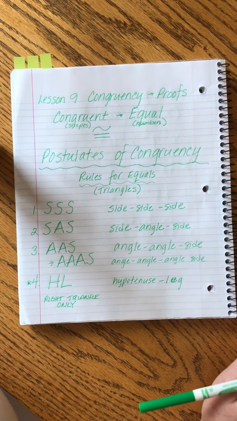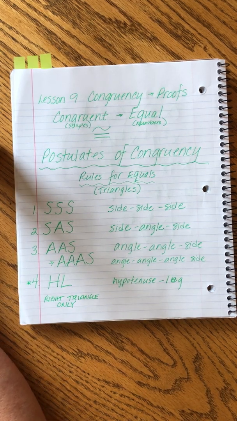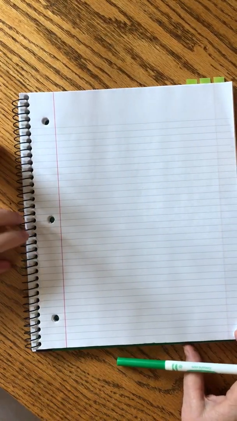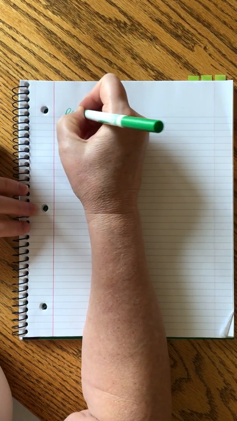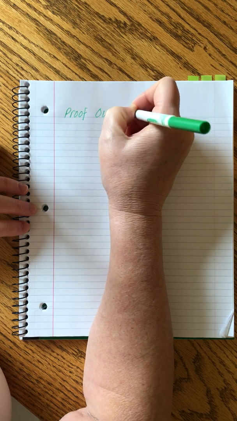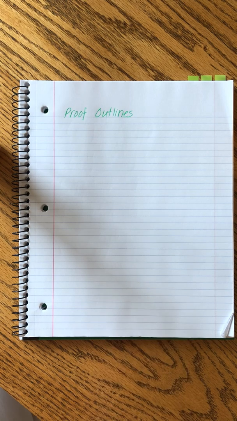All right, we're ready to start our first proof. And what we're doing here technically are called proof outlines. So we're following the logic of how a proof works, but formal proofs have a very particular and kind of fussy format and way of writing them out.